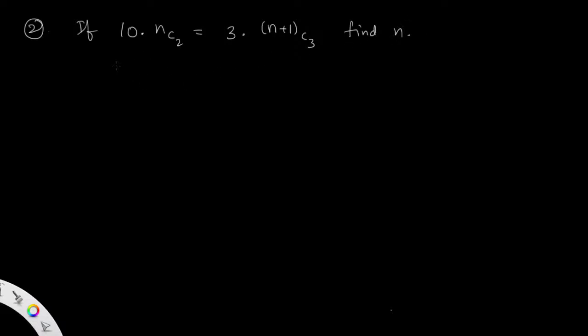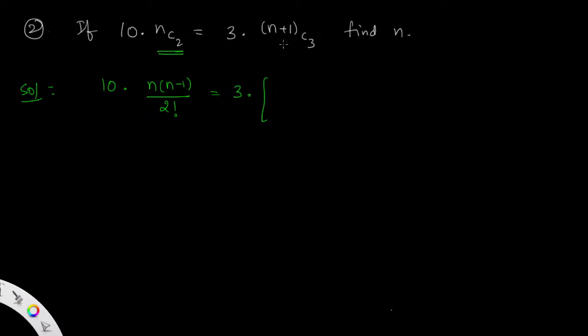So 10 times nC2 equals 3 times (n plus 1)C3. 10 into nC2 can be written as n into n minus 1 by 2 factorial, equal to 3 times (n plus 1)C3.